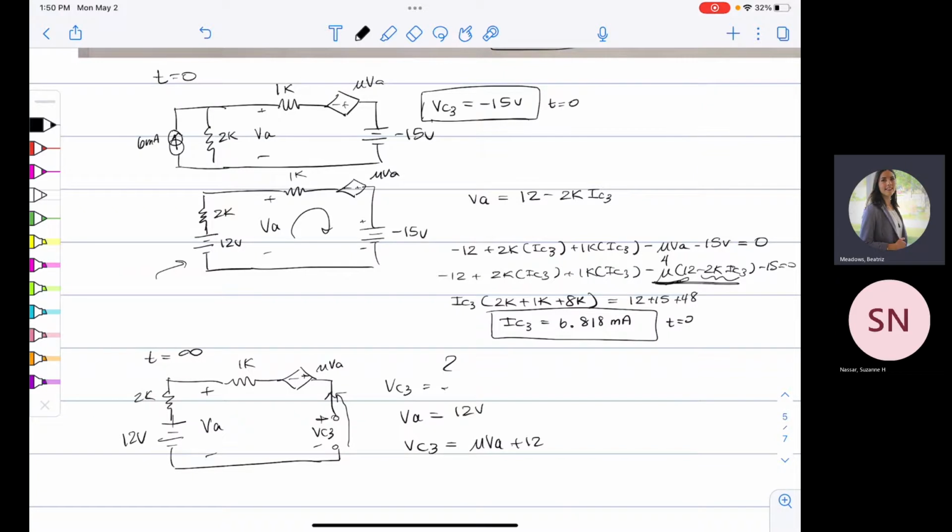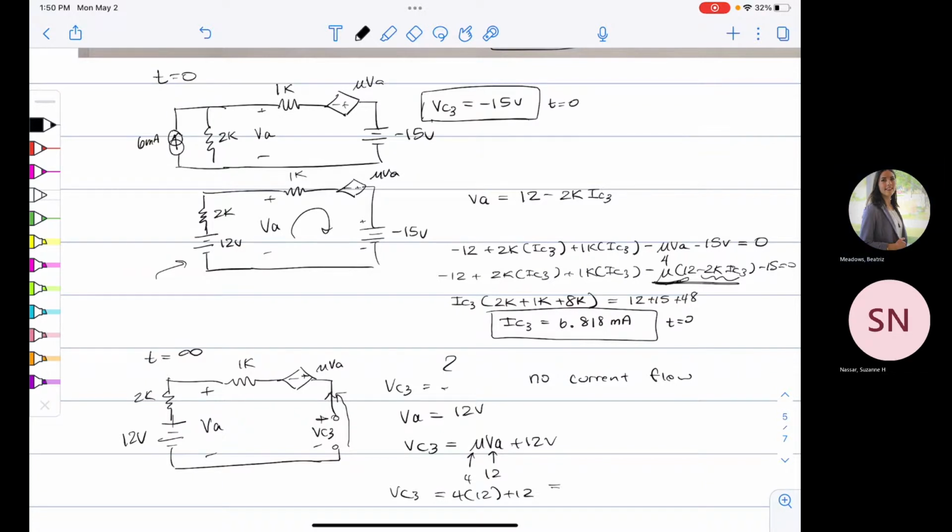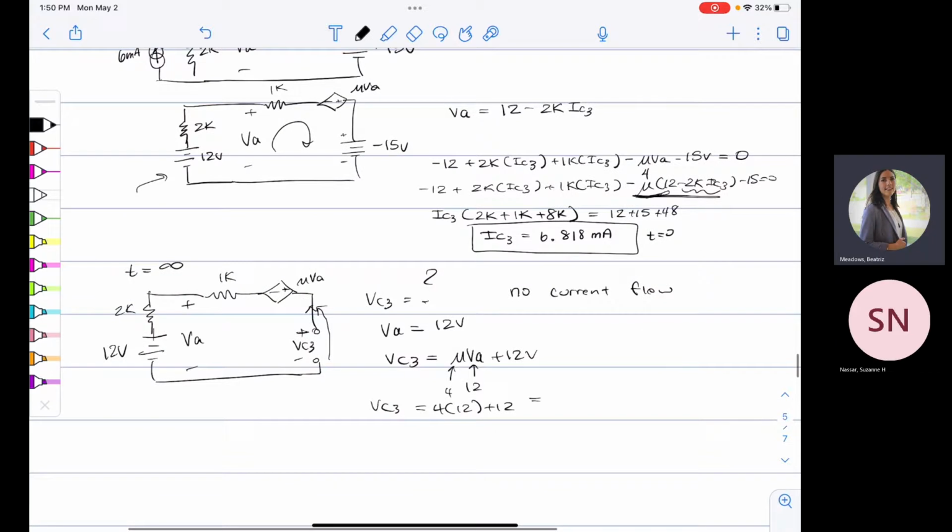Yep, because remember we have no current flowing because it's open, right? So that's that. And then we know our VA is 12 and we know our mu is 4. So we have 4 times 12 plus another 12. What is that going to give us? 60? Quick math. I did it in my head, guys. So VC3 equals 60 volts at this time.